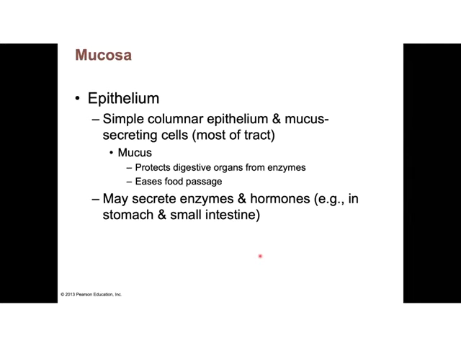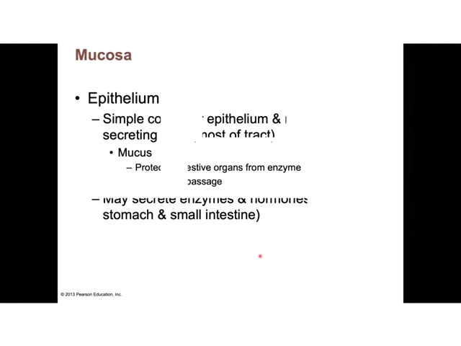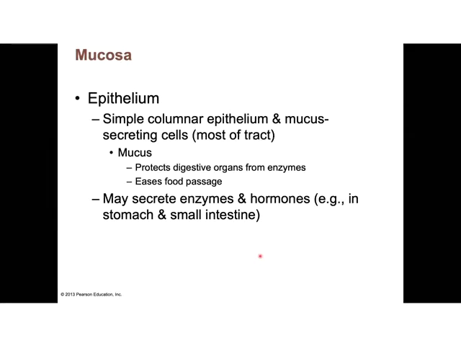Okay, the mucus is going to lubricate the material that moves through the tract, but it's also going to trap and flush out pathogens. And there's also going to be some enzyme and hormone secretion in different parts of the tract. For instance, there are brush border enzymes in the small intestine that finish the process of breaking down things like disaccharides and oligopeptides.